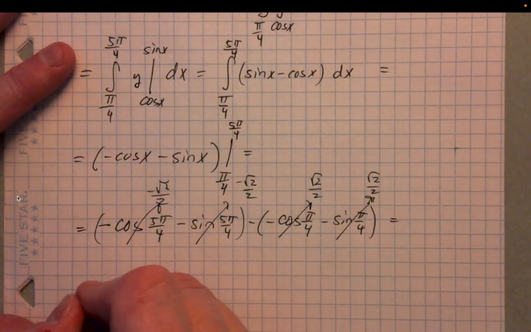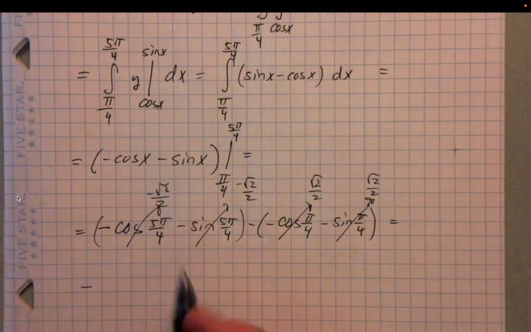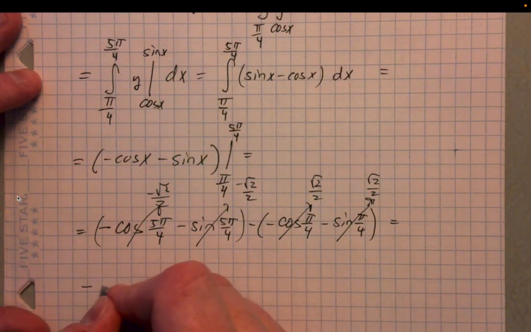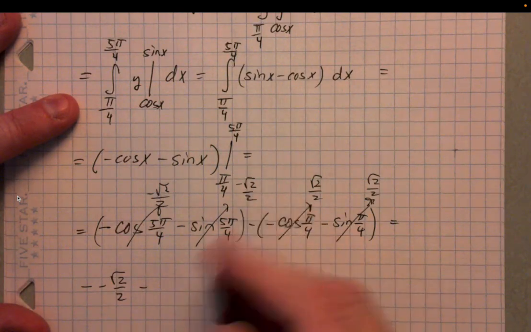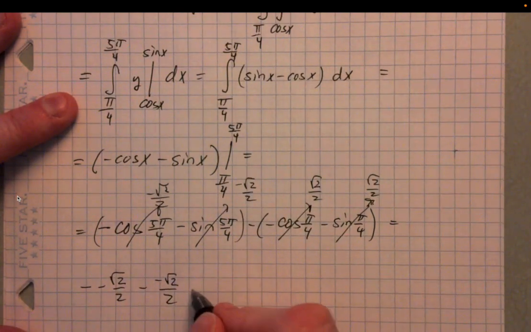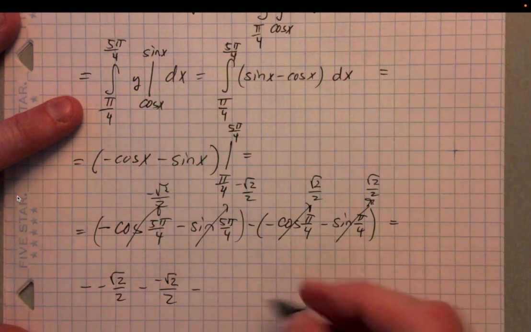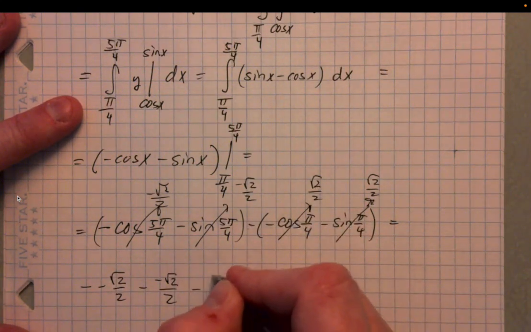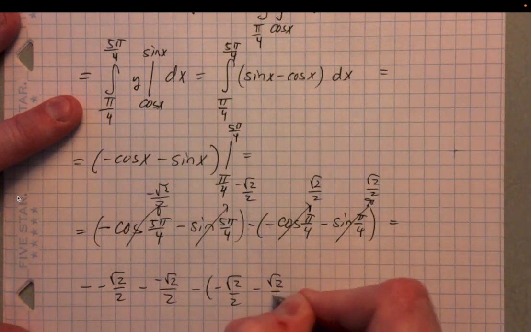So rewriting this, you're going to get, so this will be a negative square root of 2 over 2. Okay. Minus a negative square root of 2 over 2, right? So you got to keep the negative straight. It's kind of a mess here. And then this is going to be minus a minus a negative square root of 2 over 2 minus square root of 2 over 2.